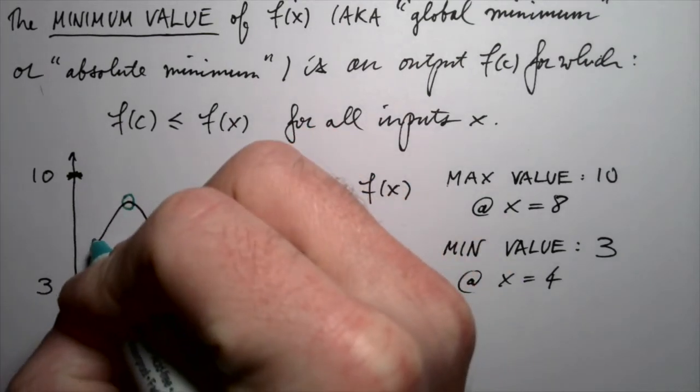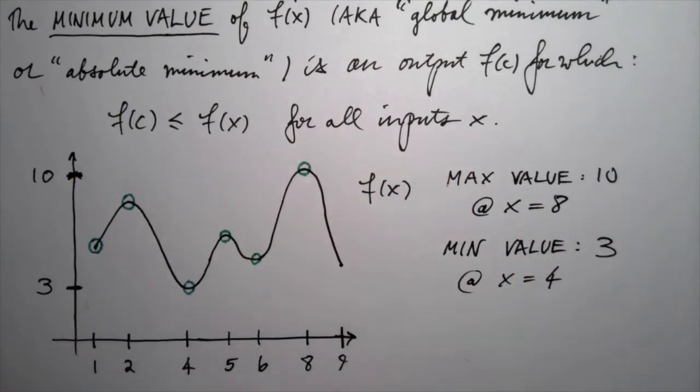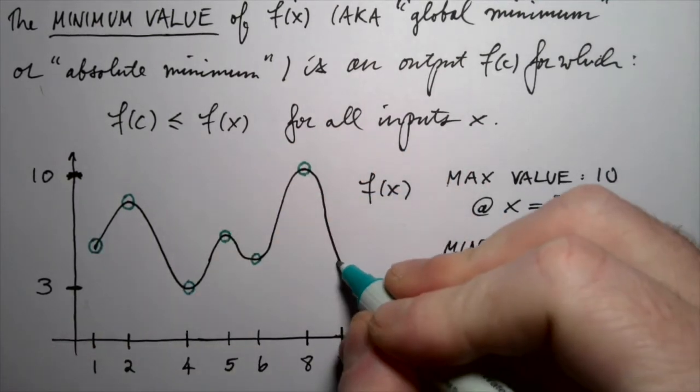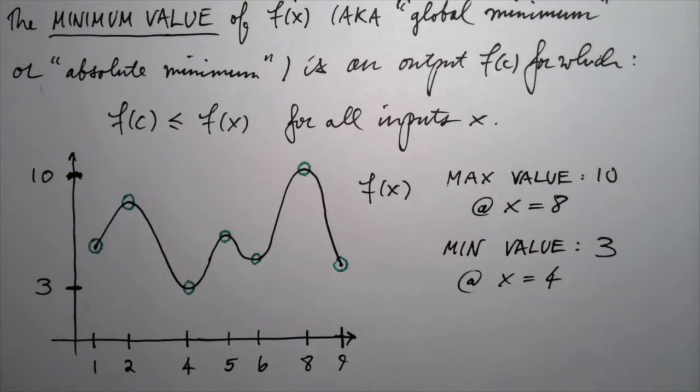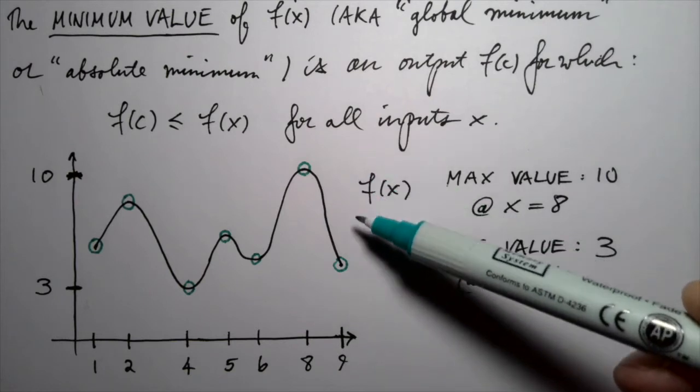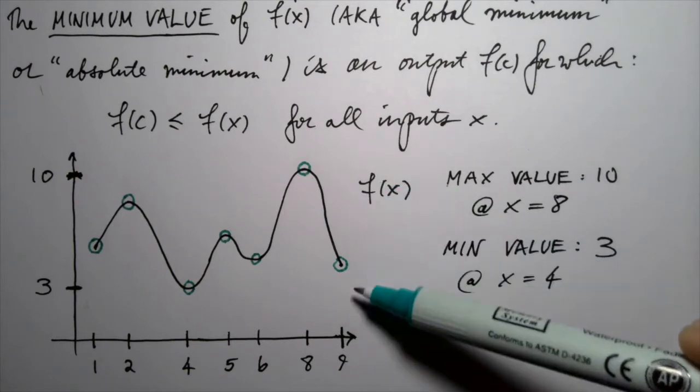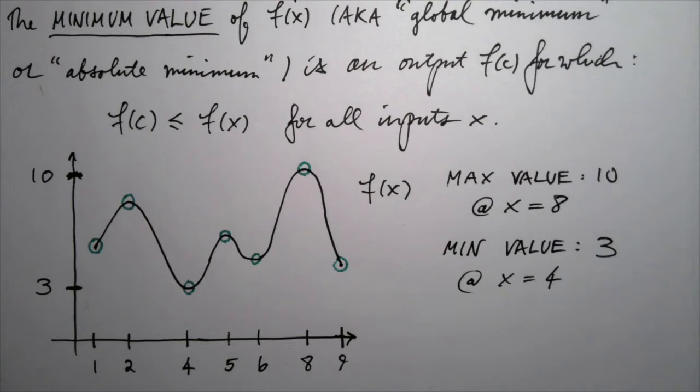And technically, if the function is also defined on an interval, like this one is defined from 1 to 9, we're also going to look at just the values at the ends of the interval. And then we're just going to compare all of the outputs of the function at those points, see which is bigger, see which is smaller.